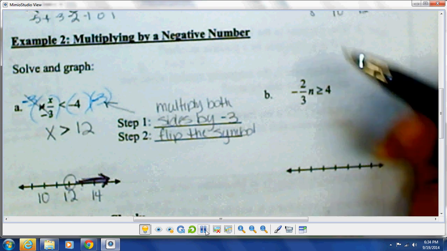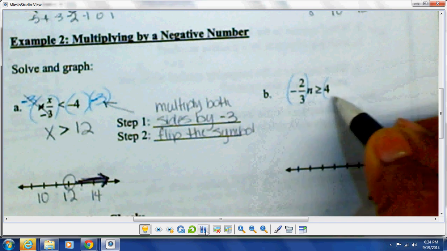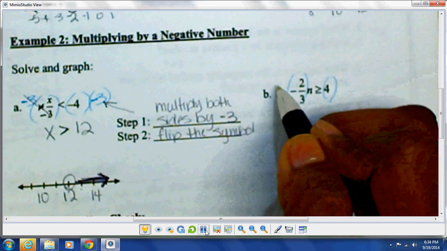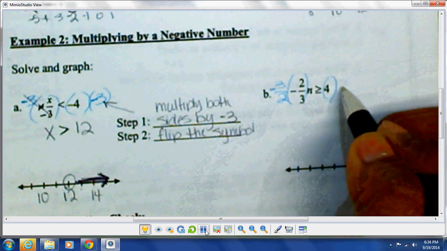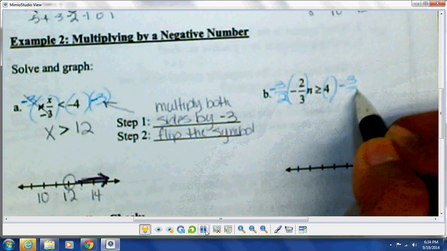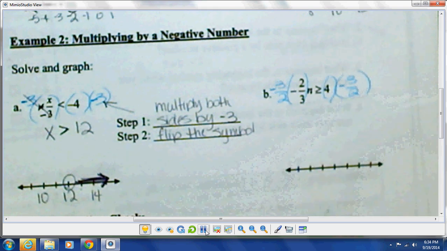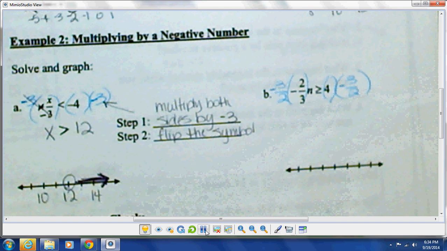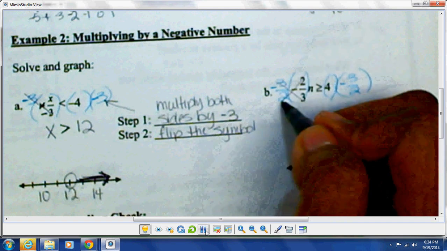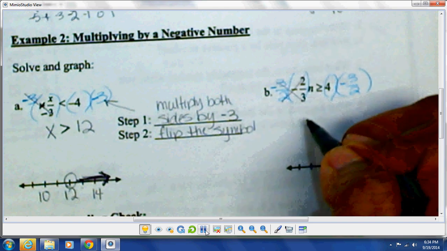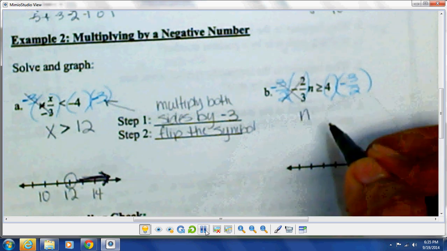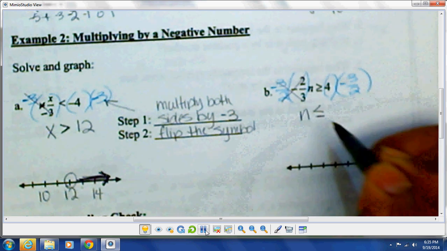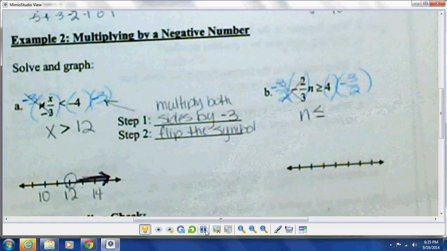So therefore, I'm going to multiply both sides by -3/2. So these are going to cancel, leaving me with n. Remember, we multiplied by a negative. Reverse your symbol. So it should be less than or equal to now.